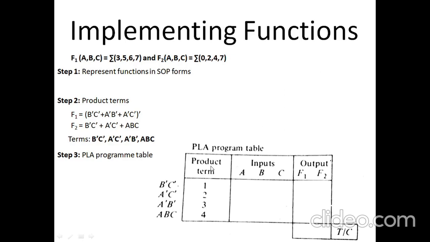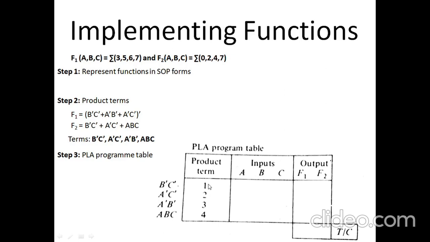And in the product term column, we just number them. We have 4 product terms, so we number them 1, 2, 3, and 4. This is just for simplification. You could also skip this numbering and just write these product terms in the product term column, but writing 1, 2, 3, 4 is simpler than writing B prime and C prime in the implementation. So this is just for convenience.